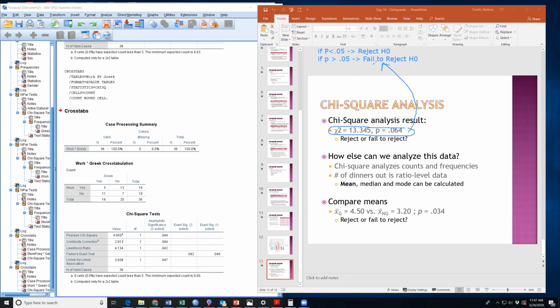Looking up here, we would fail to reject. And that means that from this chi-square test, we would conclude that Greek and non-Greek students go out for dinner at the same rate. So they're going out for dinner the same amount of nights per week.